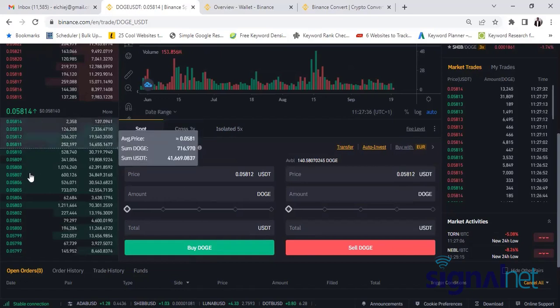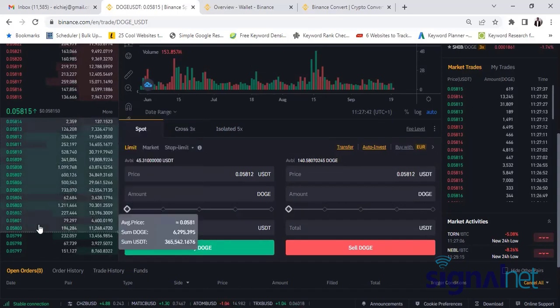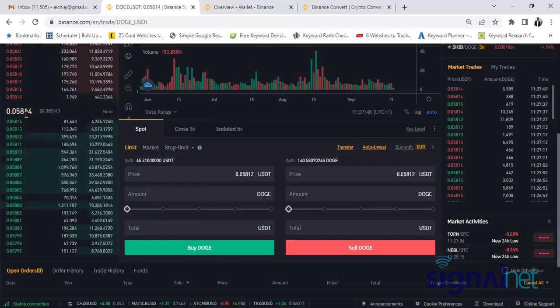If you see on this side here, these are different buy orders and sell orders taking place. It will wait until it gets to a condition whereby it can fulfill my order based on the request of somebody else. Do you understand what I just said? It's like a marketplace.